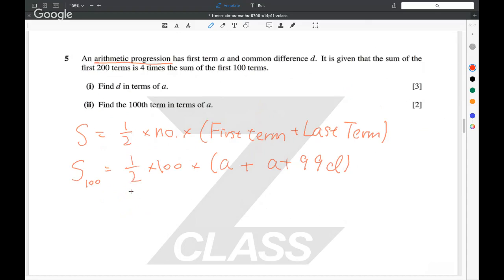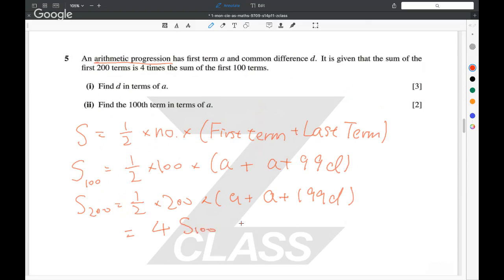So the condition says that S200 is equal to a half times 200 times a plus 199d, and that is equal to 4 times S100.